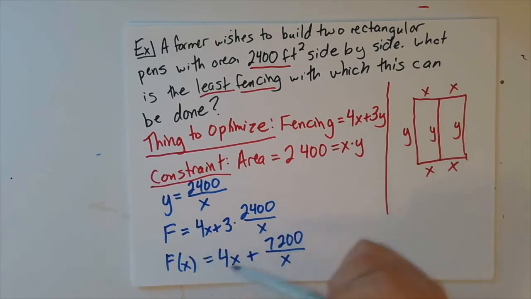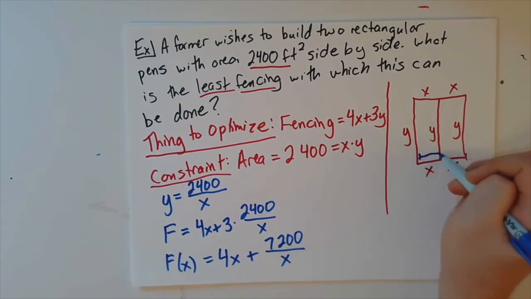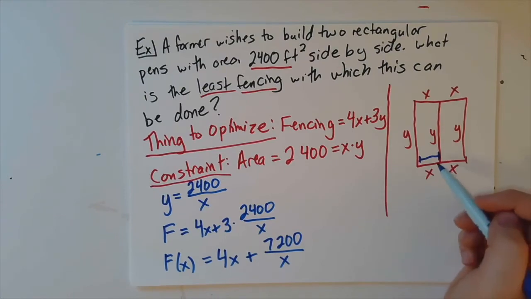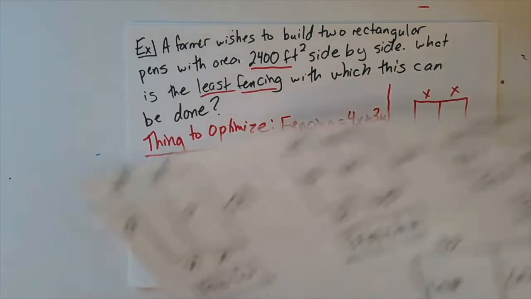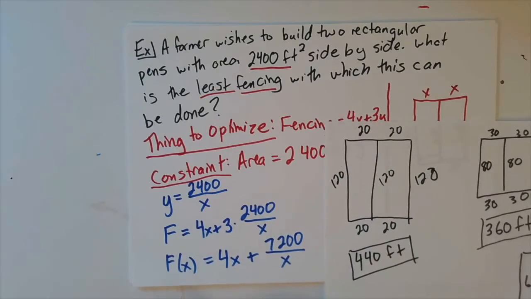Now notice, what is this saying? This is giving me a function that expresses how much total fencing I need to use in terms of how wide I choose to make one of the fences. And so if I choose this to be, say, 20 wide, like back in this first example here, then the total amount of fencing I'm going to use is 4 times 20 plus 7200 over 20, which if you work out, that'll be 80 plus 360, which is in fact 440.